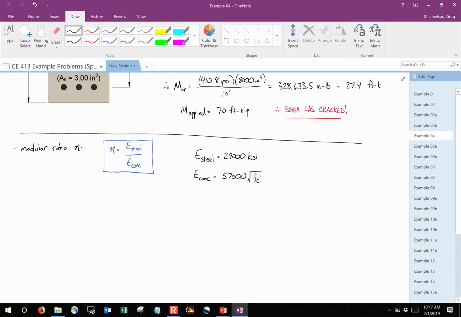If it's not normal weight, there's a little bit more of an involved formula where you actually use the unit weight. But for our purposes, this is perfectly fine. So this is 57,000 times the square root of what? 3,000 what? PSI. So when I compute this, what's the answer going to be? And what is this in? So you're going to have a unit conversion issue you got to deal with. So 57,000 times the square root of 3,000 is going to give us what? 3 million? 222,000. Yep.